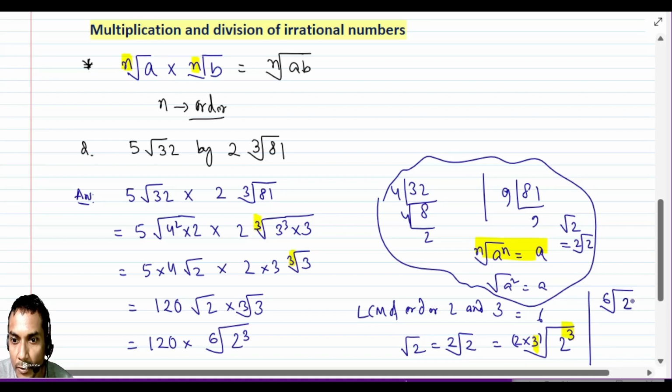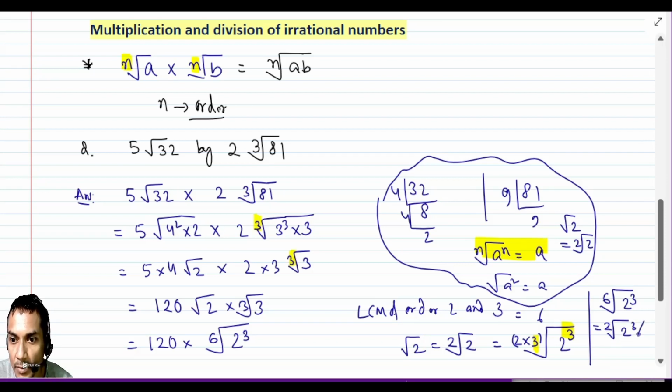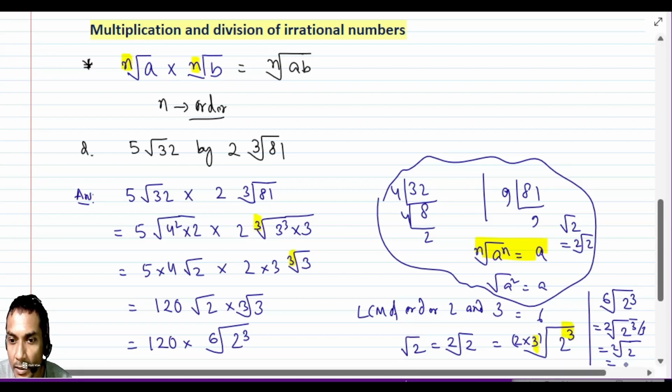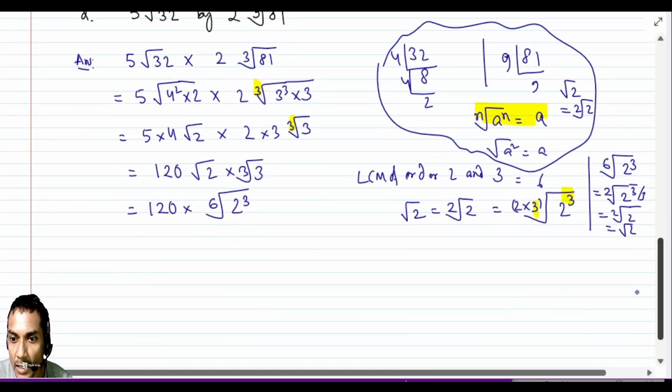And you write down to the power cube means what? If you keep the 2 as it is, then it will be 3 by 3. Then you get 2, and next 3 by 3, that is 1 a root 2. Means ultimately you write root 2 as 6 root 2.